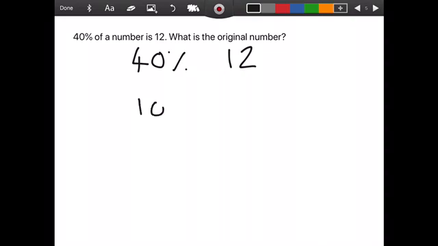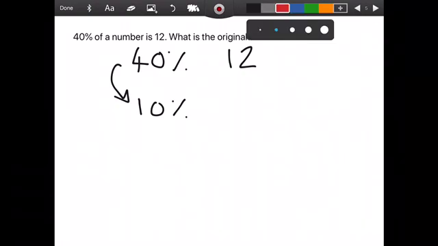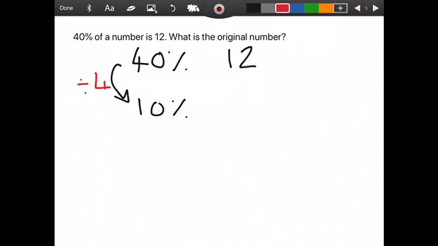So why don't I work out what 10% is next? Well, to get from 40% to 10%, I'm going to divide by 4. That means to find out what 10% of my original number is, I'm also going to divide by 4. So that must be 3.